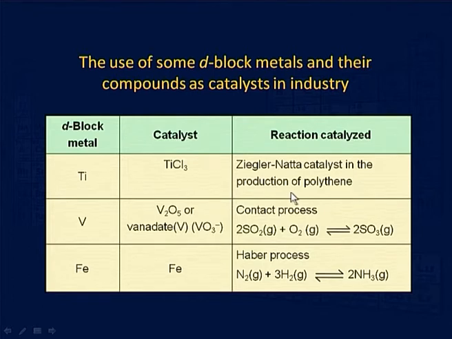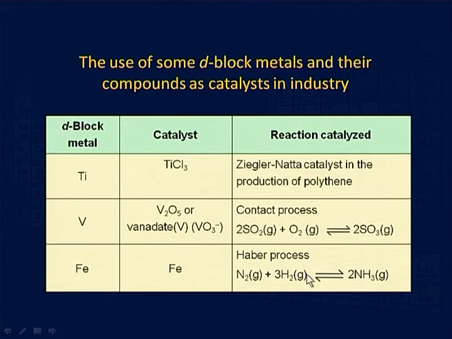Polymerization of ethene leads to polyethene by the Ziegler-Natta catalyst, and here titanium in the form of TiCl3 is used as a catalyst. Another example of catalysis is provided by V2O5, that is a vanadium compound, which is used in the contact process to oxidize sulfur dioxide to sulfur trioxide.